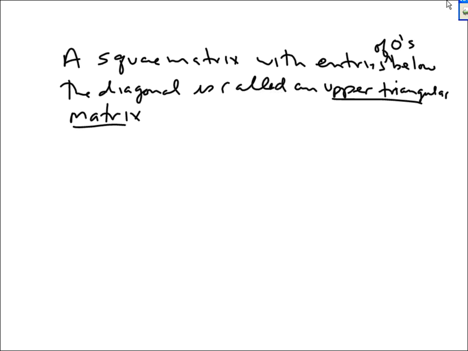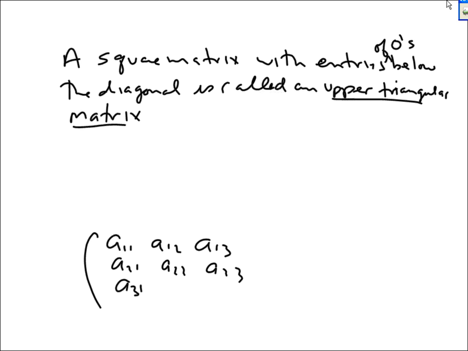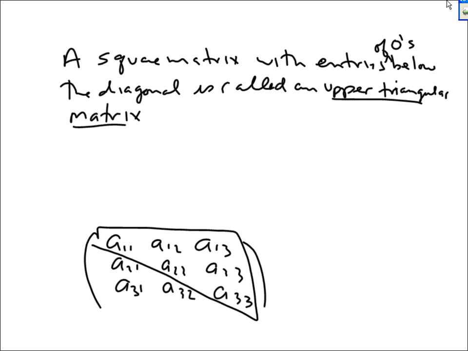Okay. Now, let's just note something. You have A11, A12, A13, 21, 22, 23, 31, 32, 33. This statement is going to be true for any square matrix. That's the diagonal and above.